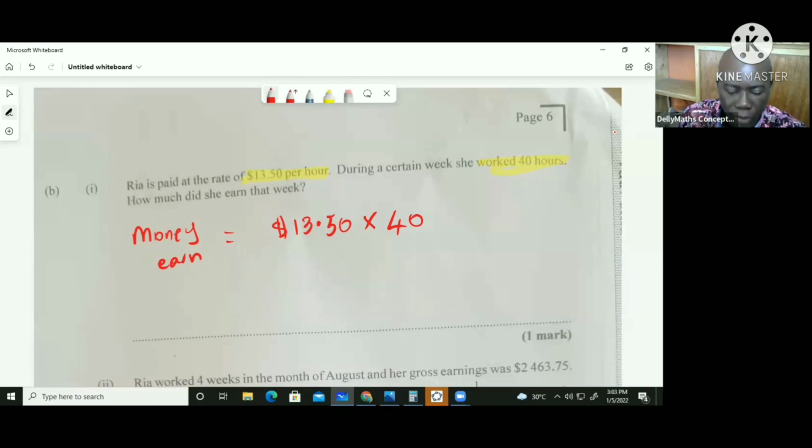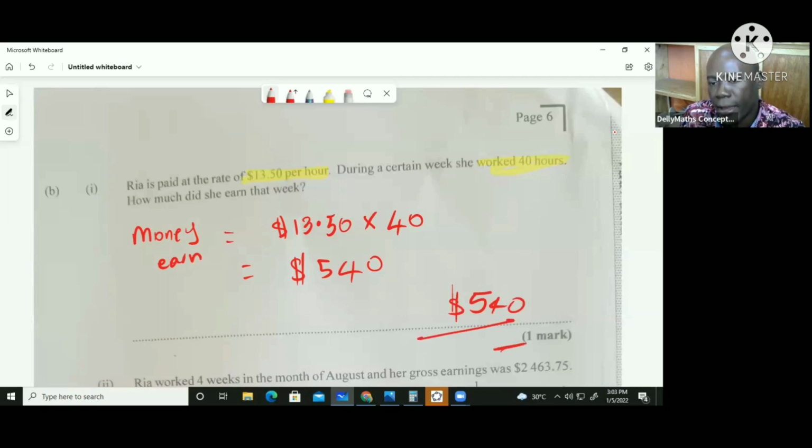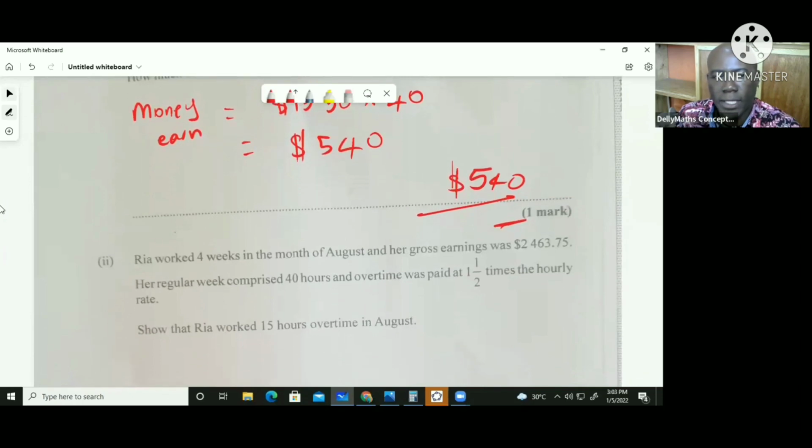So we multiply that by 40, and then our response is about $540. And there you go, writing that 540 there just to collect that 1 mark right there. Very, very good. All right, let's move further to see other things for that question.